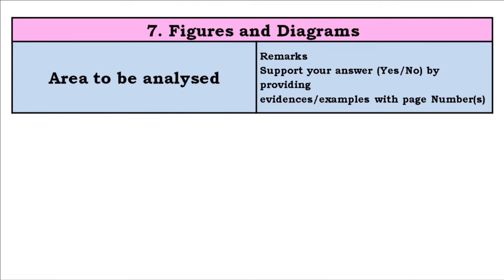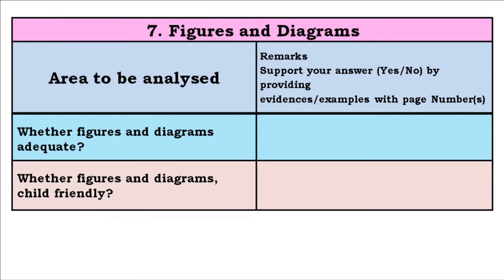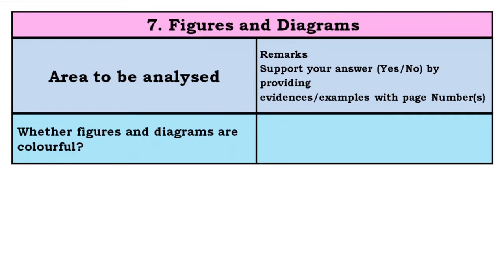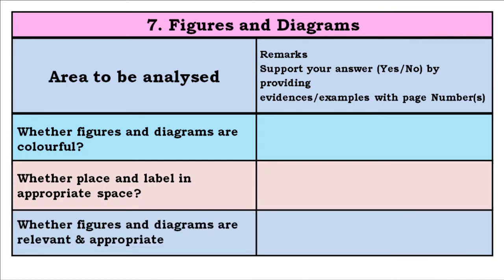The important area which needs to be analyzed is whether the figures and diagrams present in the textbook are adequate, whether figures and diagrams are child friendly, is there any gender bias in figures and diagrams, whether figures and diagrams are colorful, whether figures and diagrams are placed and labeled in an appropriate place or space, whether figures and diagrams are relevant and appropriate, and so on.